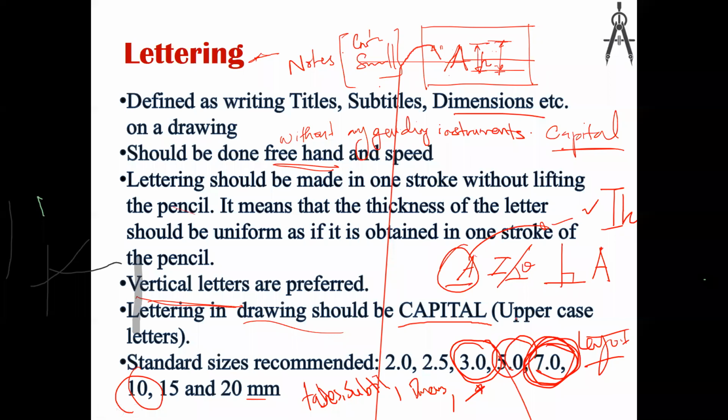Otherwise, if you are selecting 5 millimeters for the subtitles, you have to select 10 millimeters for the main titles. Okay, so in both sets you can select either one, right? That is according to your drawing size. If it is a big drawing or a complex drawing, you have to use the small size, if it contains more lettering.